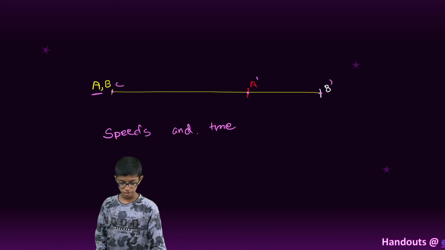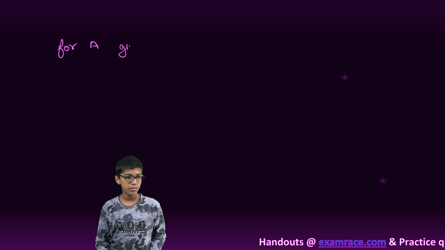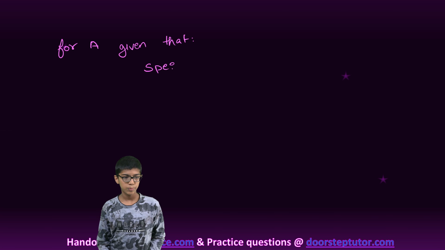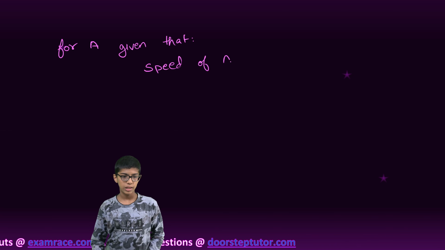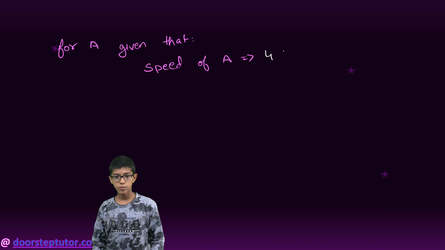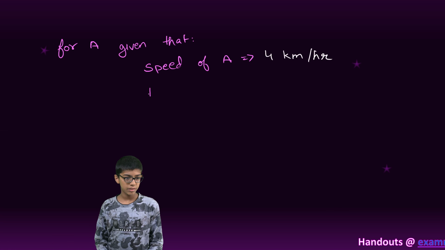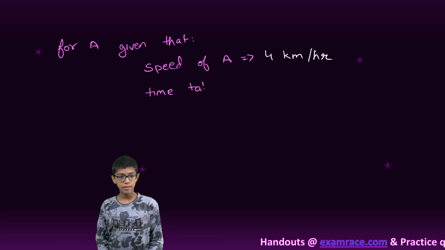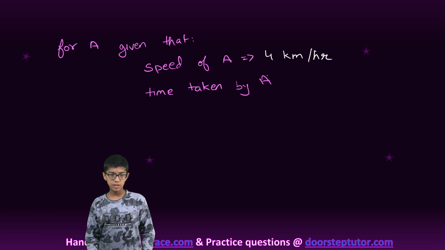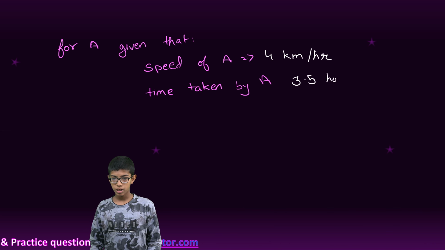First we will calculate for A. Given that the speed of A is 4 kilometers per hour, and time taken by A, yes, for both of the children the time taken is 3.5 hours.